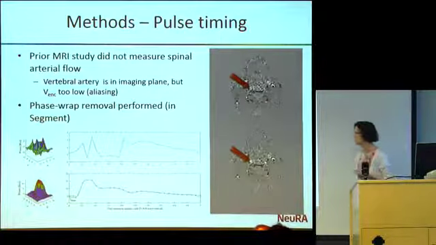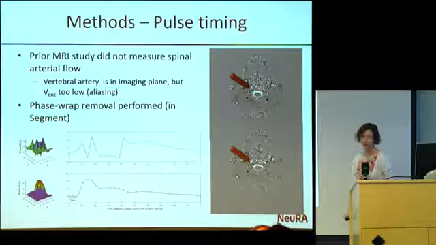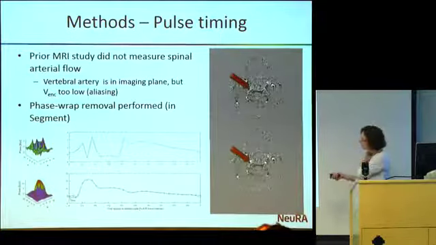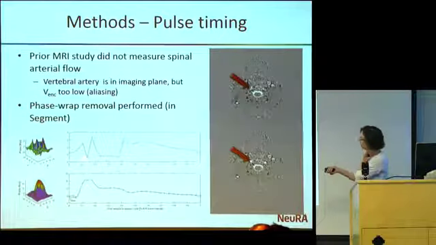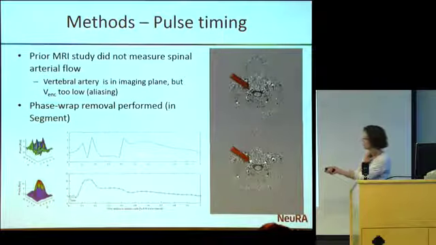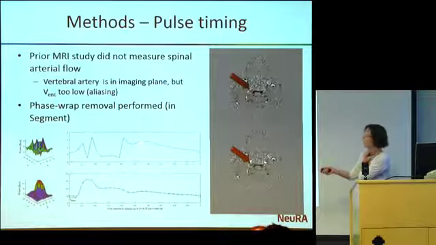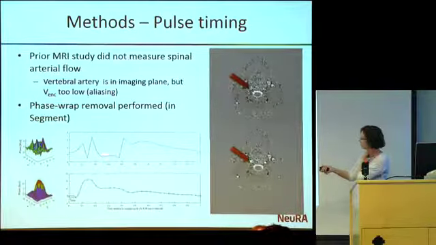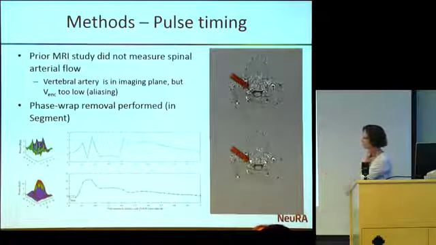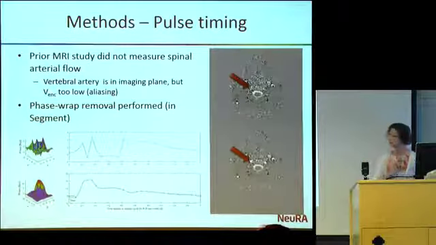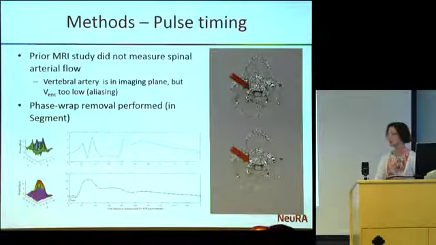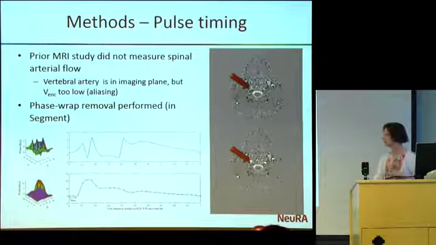So it is possible to manually unwrap that. It's not an ideal method, but basically what that allowed us to do is to take a flow profile that looks like this, where these jumps here are caused by phase wraps from the encoding velocity being too low, and create a smooth profile from which we estimated the timing of the cardiac pulse relative to the CSF pulse.